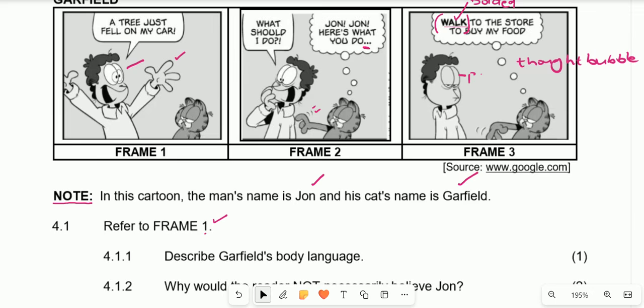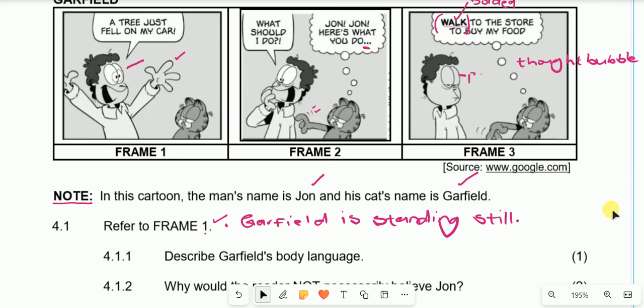So the answer to 4.1.1, we can say that Garfield is standing still. Right.